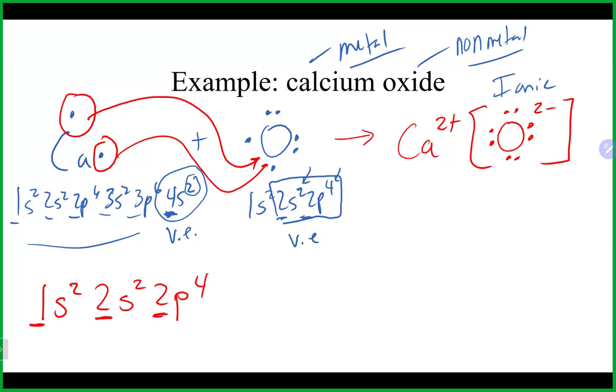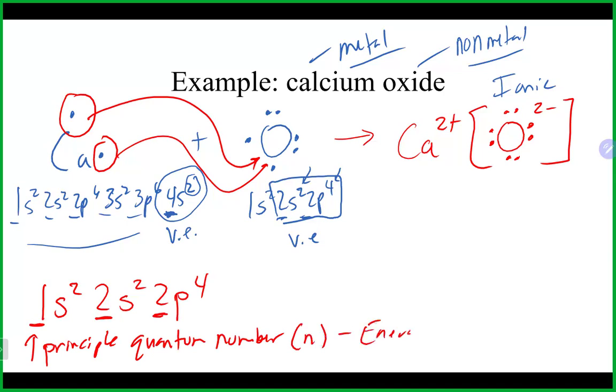These kind of bigger numbers that come in front of the letters. These are what are referred to as the principal quantum number. And it's basically referred to as N. That is a fancy way of saying that's basically the energy level where you find these electrons.